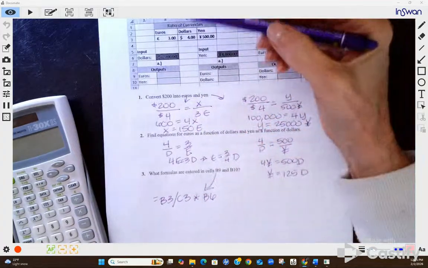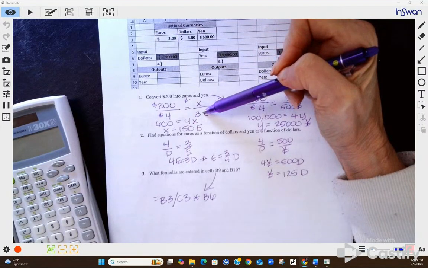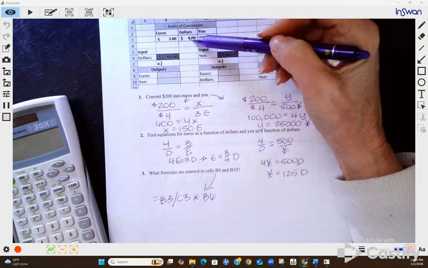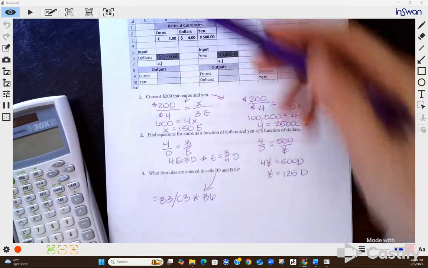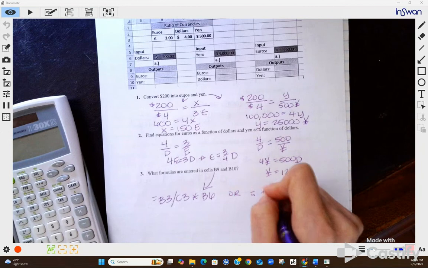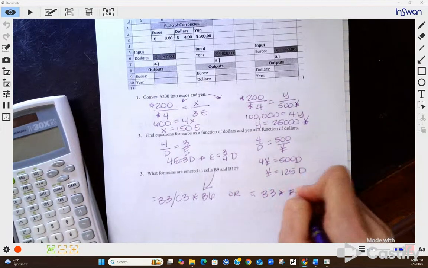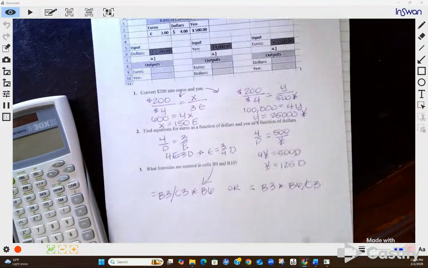Okay, remember B3 is the $3, so that's from here, and we multiplied that times the C3, and we divided by B6. Okay, or you can also say B3 times B6 divided by C3. However, that makes more sense to you.